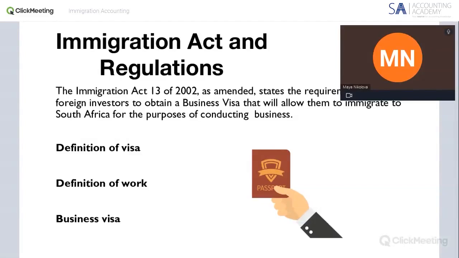The Immigration Act contains a definition of visa. The definition of work is, of course, not part of the Act, but we will define that. And business visa is a term that is in the Immigration Act, but it's not defined. Only visa is defined.